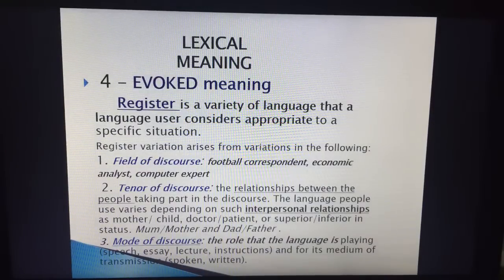Then you have register, which is very important in the evoked meaning, when you are choosing the lexical meaning of a word. Register is a variety of language that a language user considers appropriate to a specific situation. For example, the word depression in meteorology is completely different to depression in psychology.